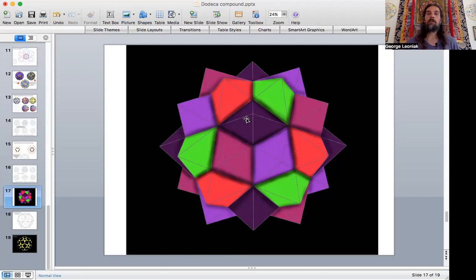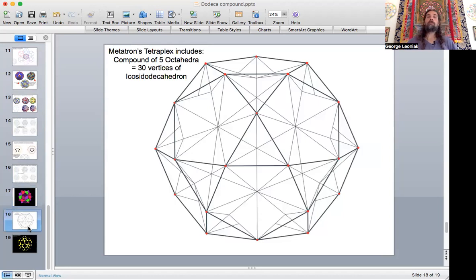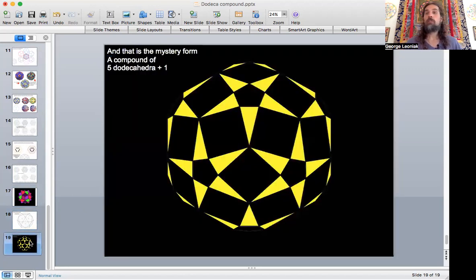This one here coming straight up towards you, and it's a real joy to be able to draw that form finally. And then I didn't realize at the time that I was slowly working up to figuring out how to draw the compound of the 5 dodecahedron plus 1. So that was really quite a journey for me to even get there.